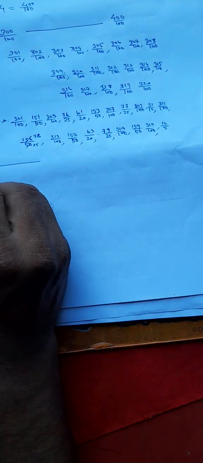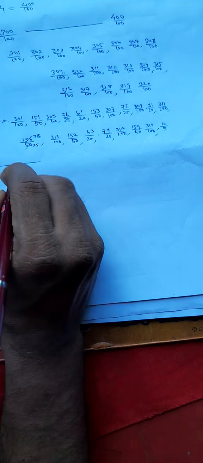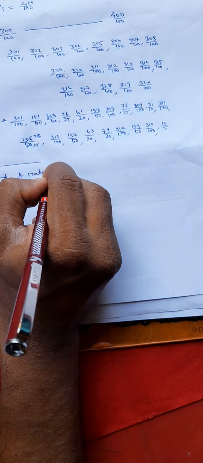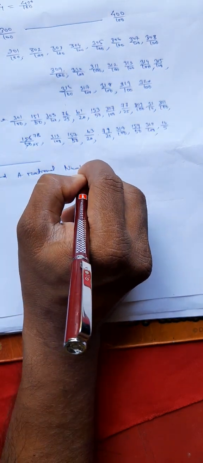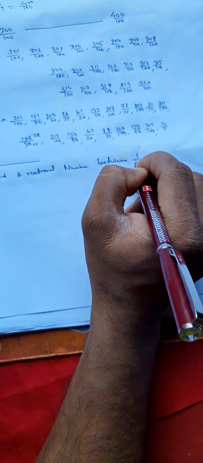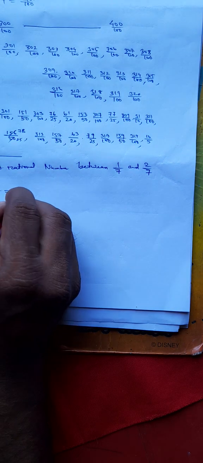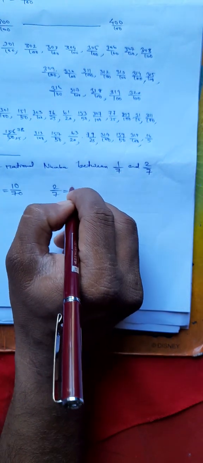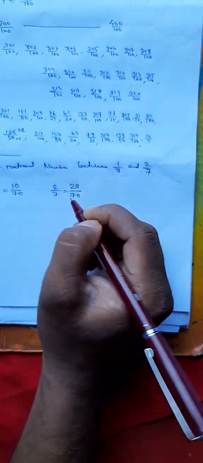Now next question, find a rational number between 1 by 7 and 2 by 7. Now we say 1 by 7 equals, you can say, 10 by 70. 2 by 7 equals, you can say, 20 by 70.